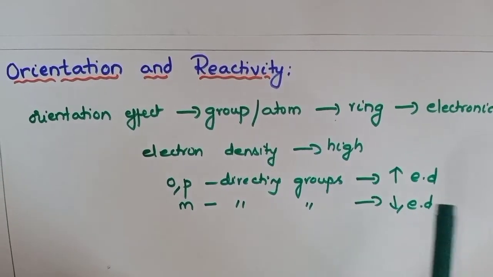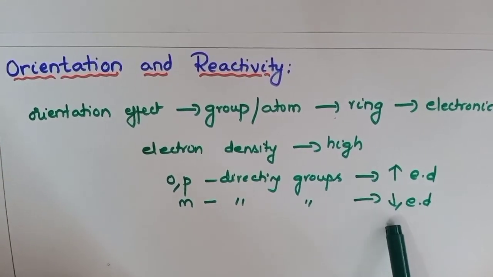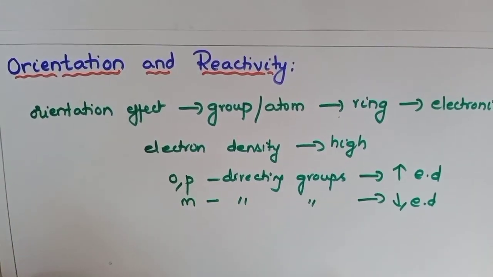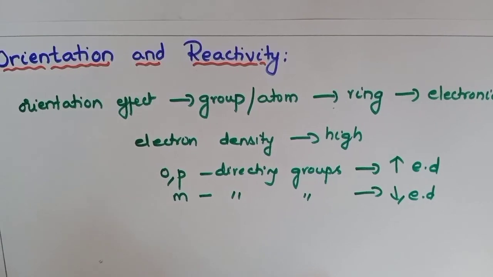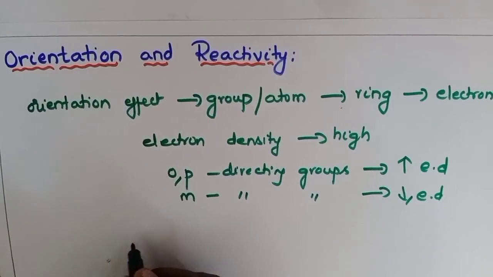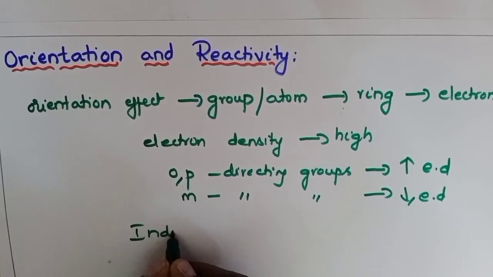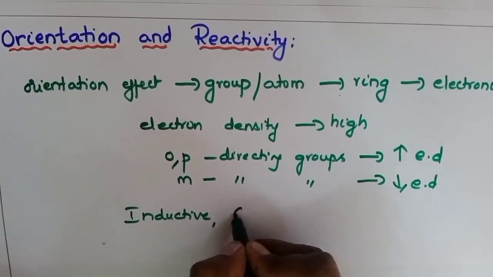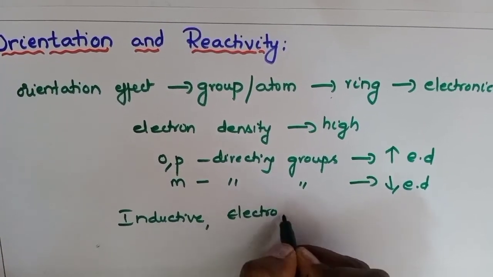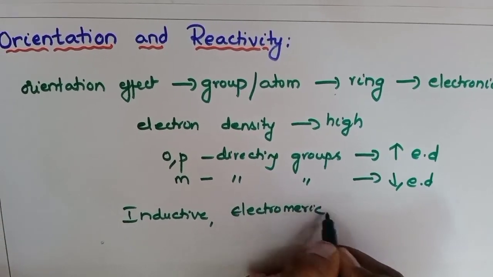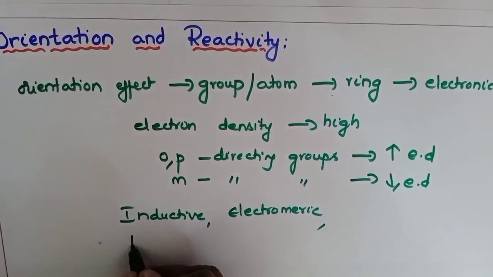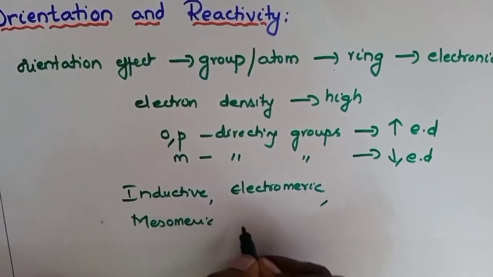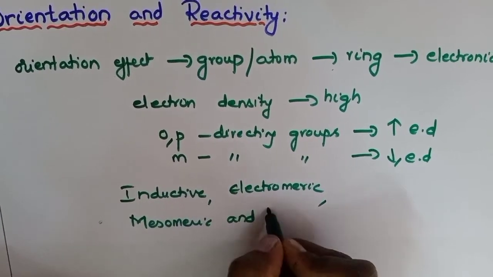Okay, so this increase and decrease in electron density is mainly explained or influenced by various effects, students, like inductive effect, next electromeric effect, next mesomeric effect, and hyperconjugation.